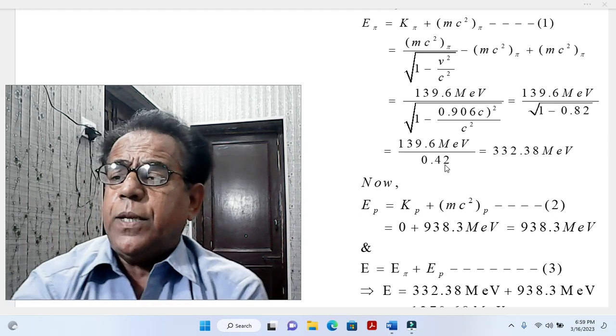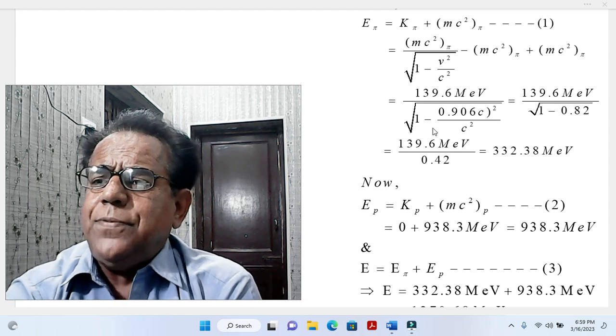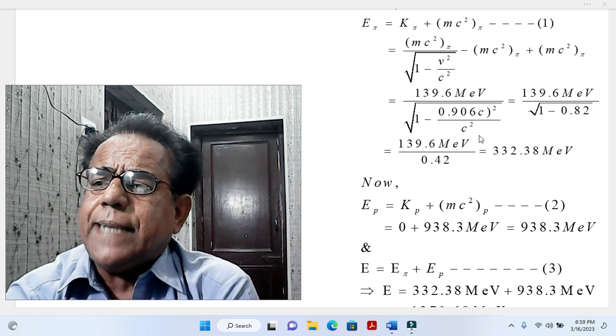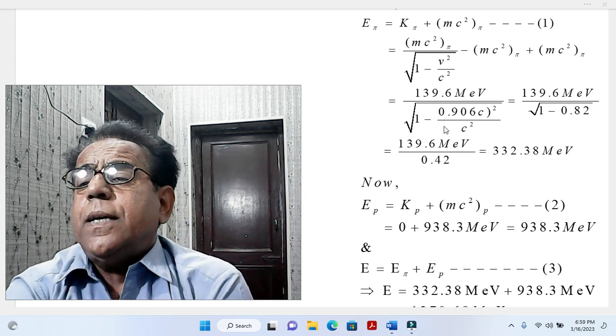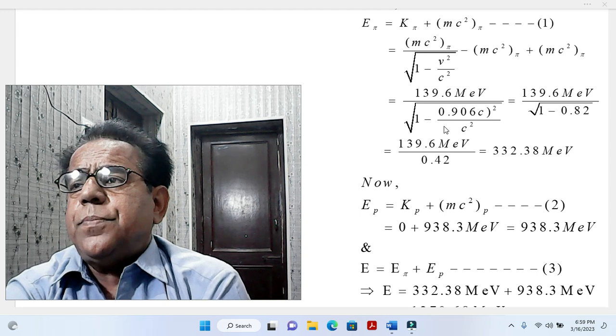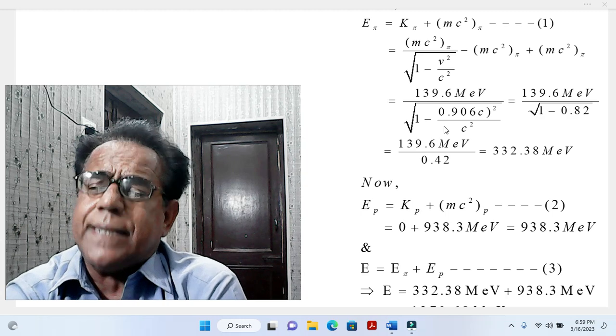So no rocket science, we have just simplified this expression, and this simplification falls within the scope of middle or secondary school level.